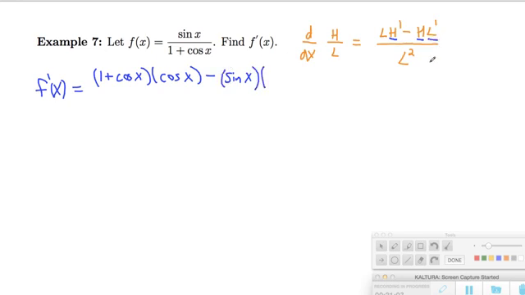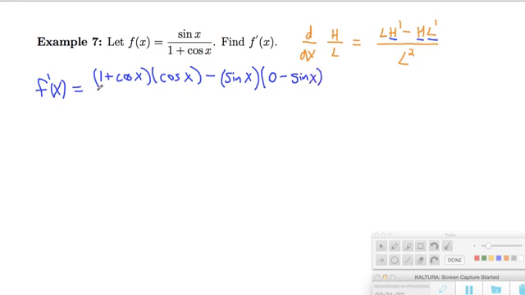Derivative of the low function, this part, we got to take the derivative of 1 plus cosine of x. Well, since it's plus, we don't have to do a product rule. It's just derivative of each piece separately. Derivative of the constant 1 is just 0. And derivative of cosine of x is a negative sine of x.